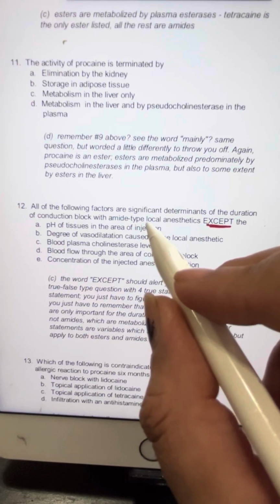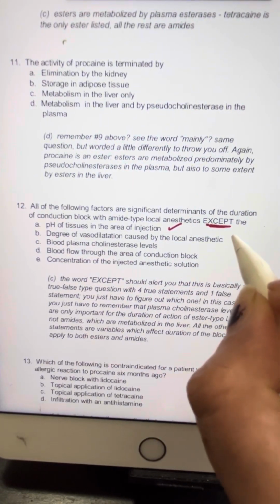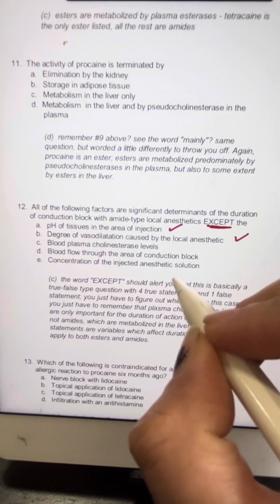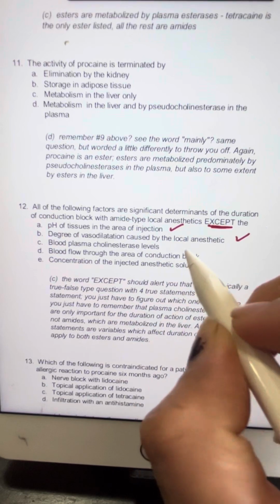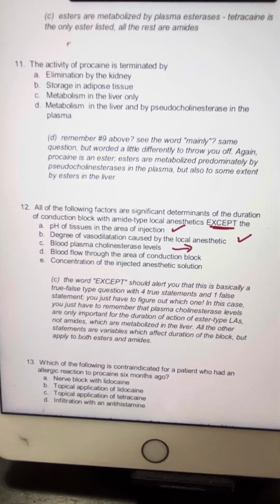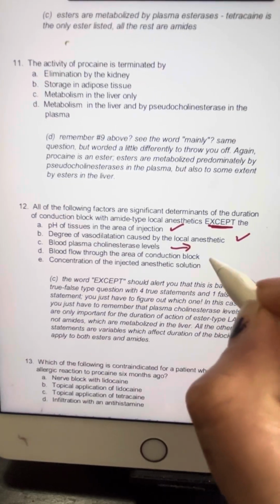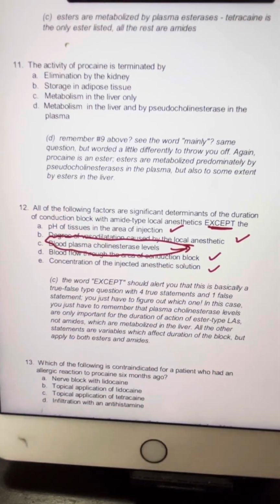Because amides are metabolized in the liver, they will have all these effects, right? These factors will determine their duration, but blood plasma cholinesterase level will not affect it, because they are not esters. So for an except question, look for the one which is not related to that.